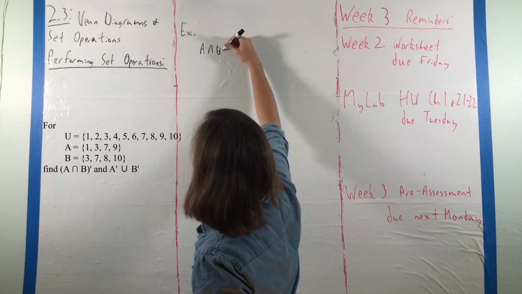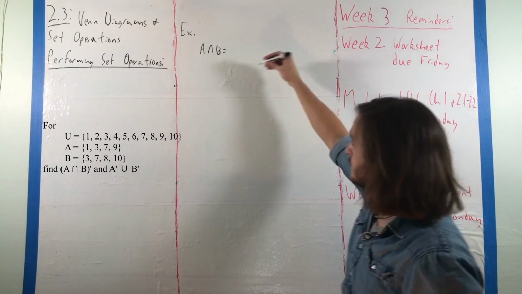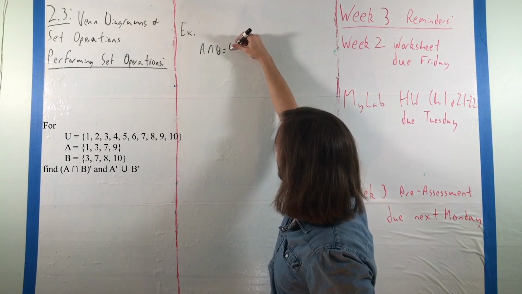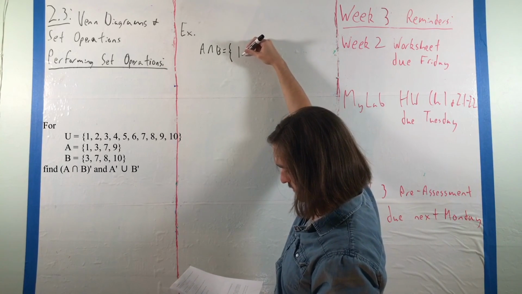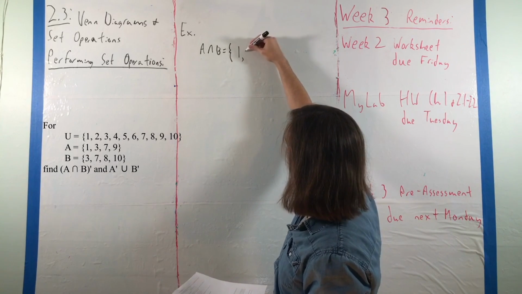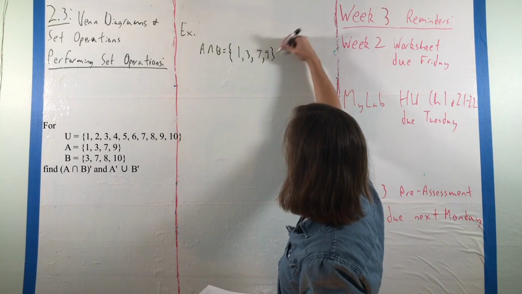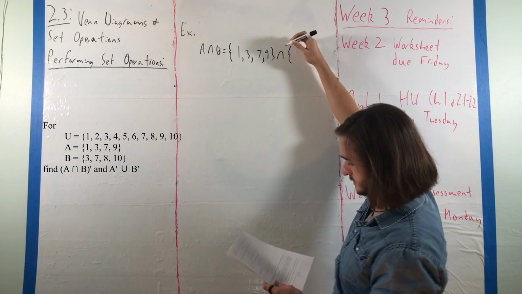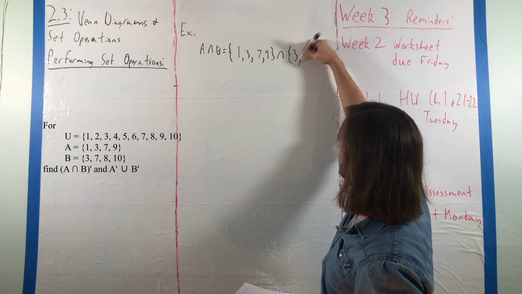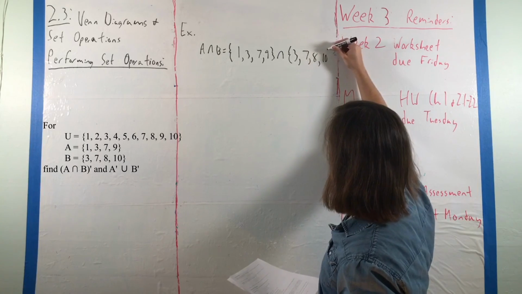We're looking for A intersect B. We want the set of things that are in both A and B. Let's start this out writing long form. Let's make sure we know all of our options here. We have {1, 3, 7, 9}, and we are intersecting that with the set {3, 7, 8, 10}.